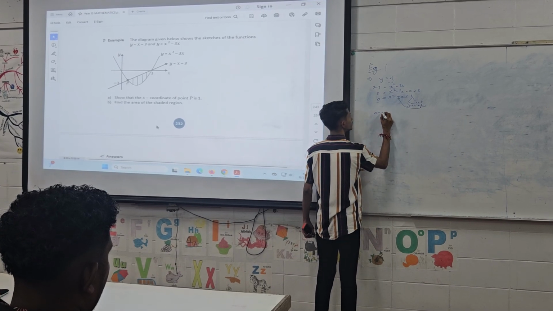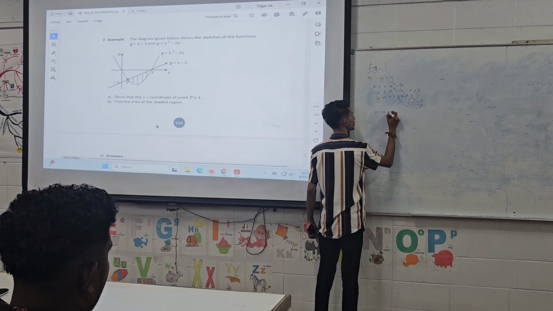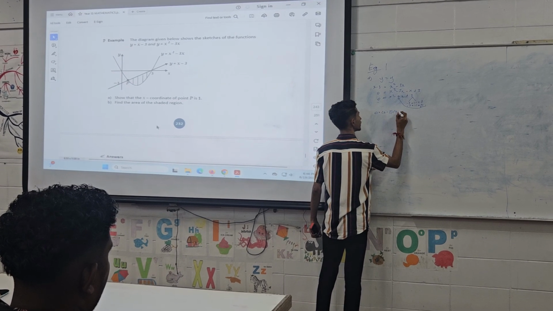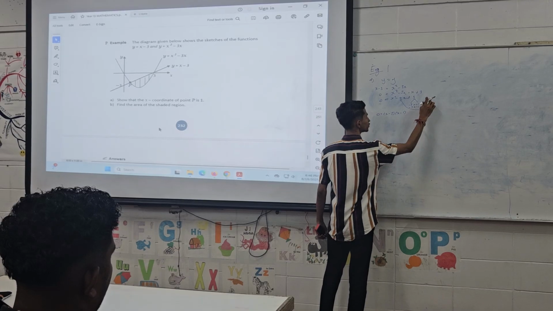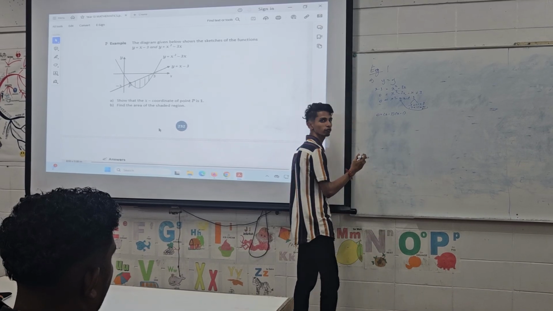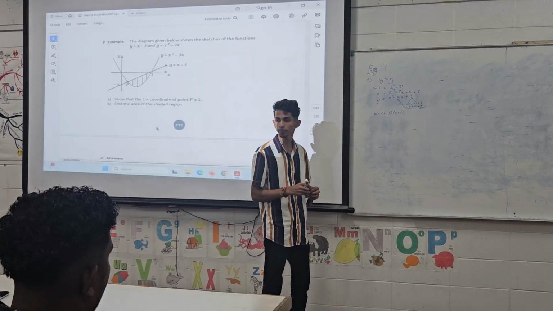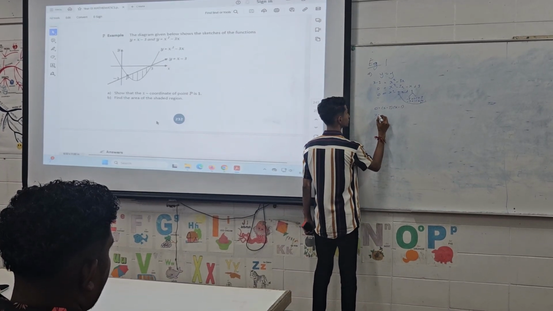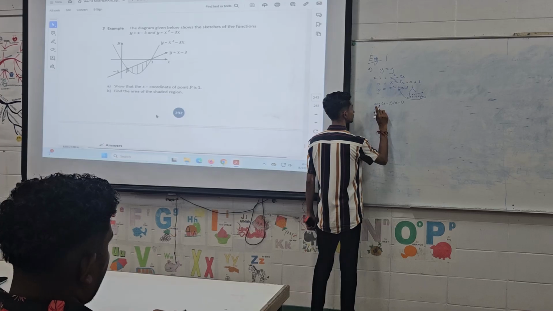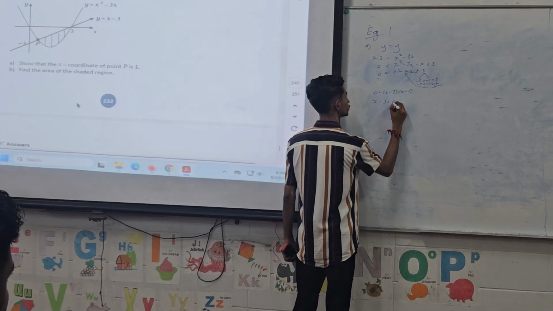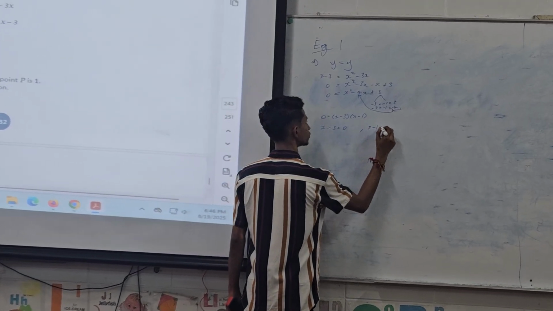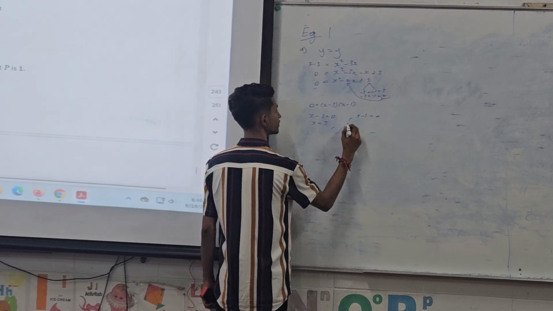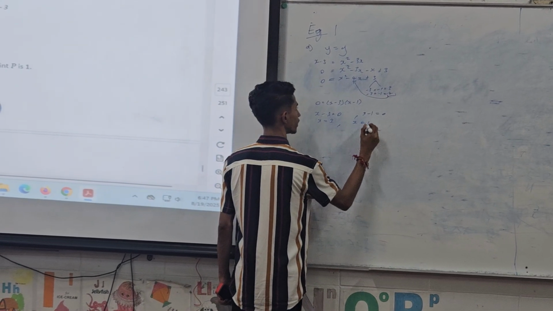So 0 equals x minus 3 and x minus 1. This concept you have learned in Form 5. I hope you still remember that. To find this, we make x minus 3 equal to 0 and x minus 1 equal to 0. So this x will be 3 and this x will be 1.